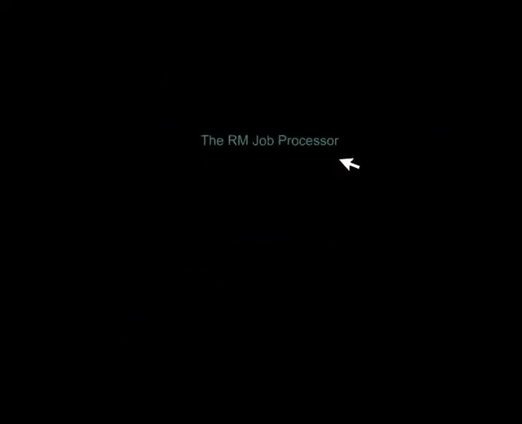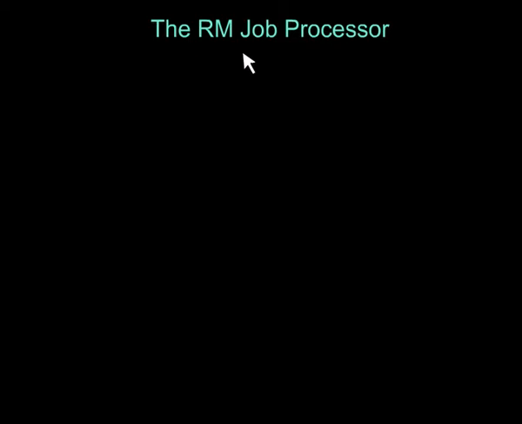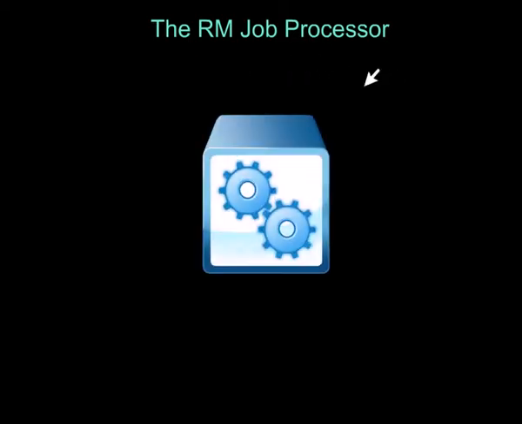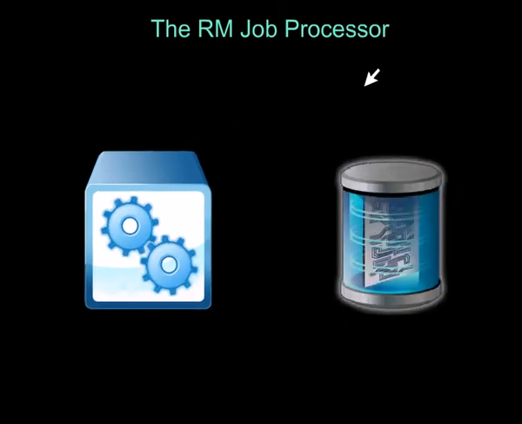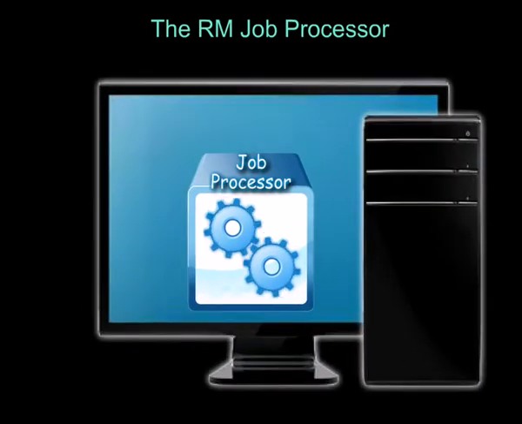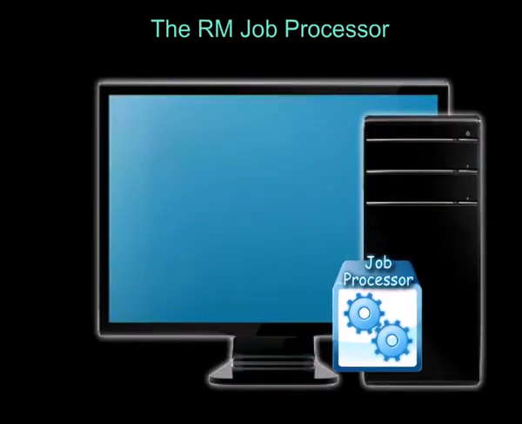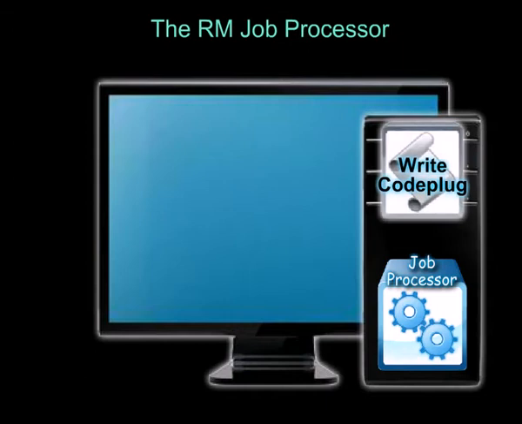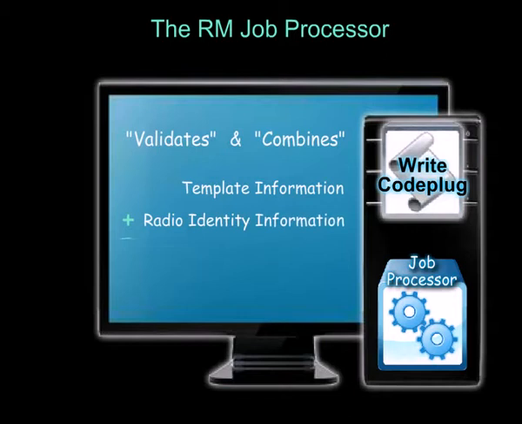The fourth and final radio management component in this example is the job processor. The job processor validates all data supplied to and received from the RM server. For write jobs, the job processor validates and combines template information with radio identity information to create a code plug, which can then be written to the radio.